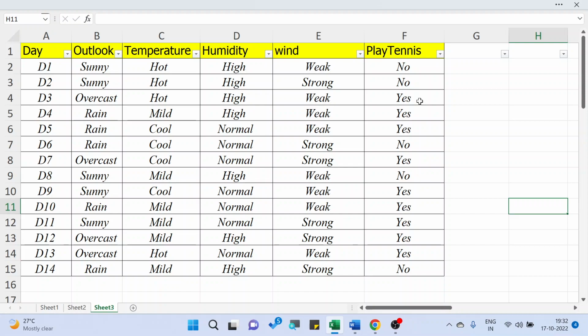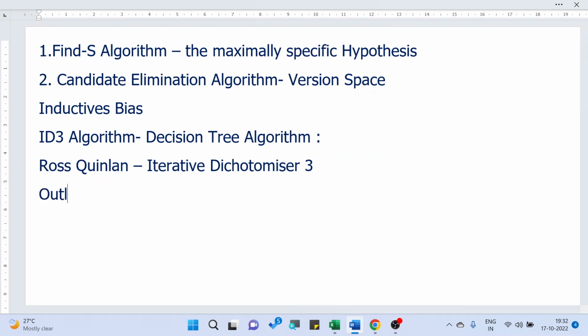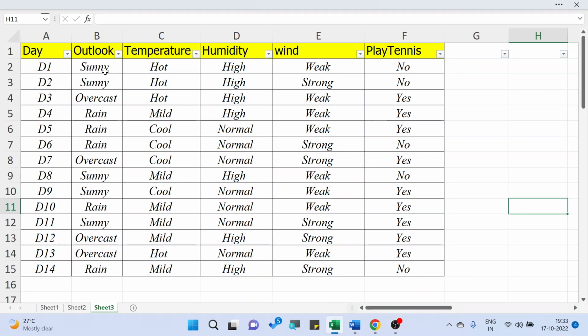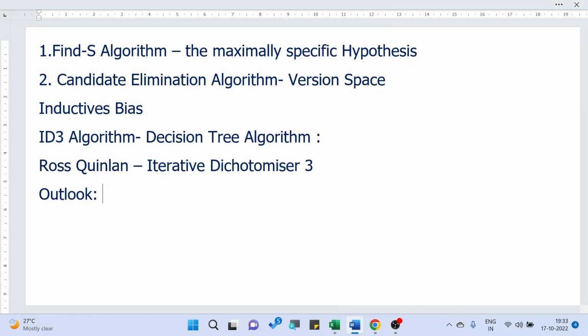And his playing tennis depends on 4 different attributes. Let me write that. 4 attributes. One is outlook, which has values of sunny, overcast and rain.